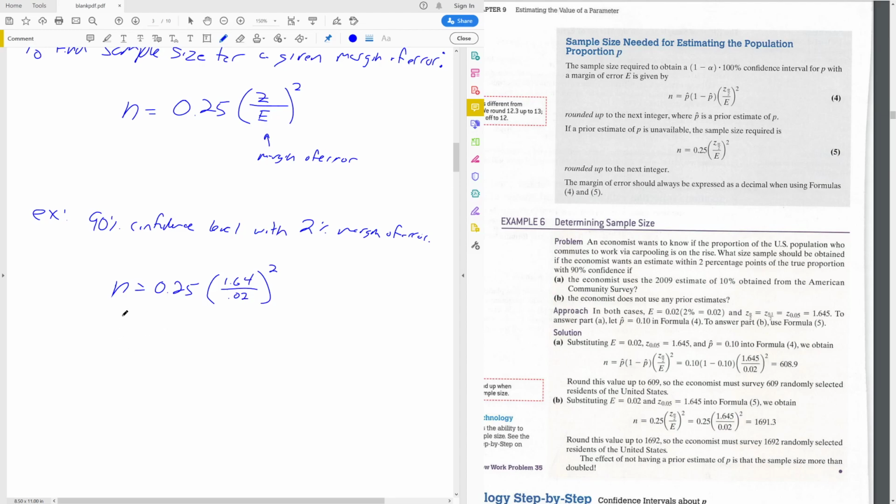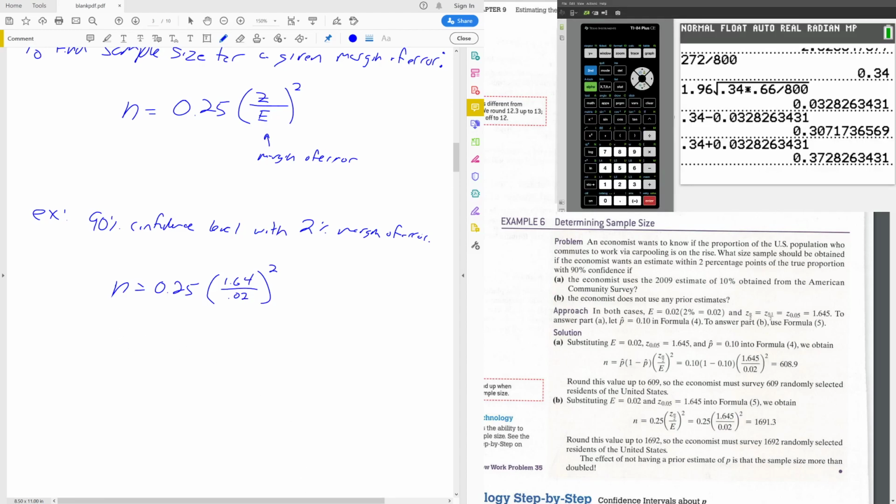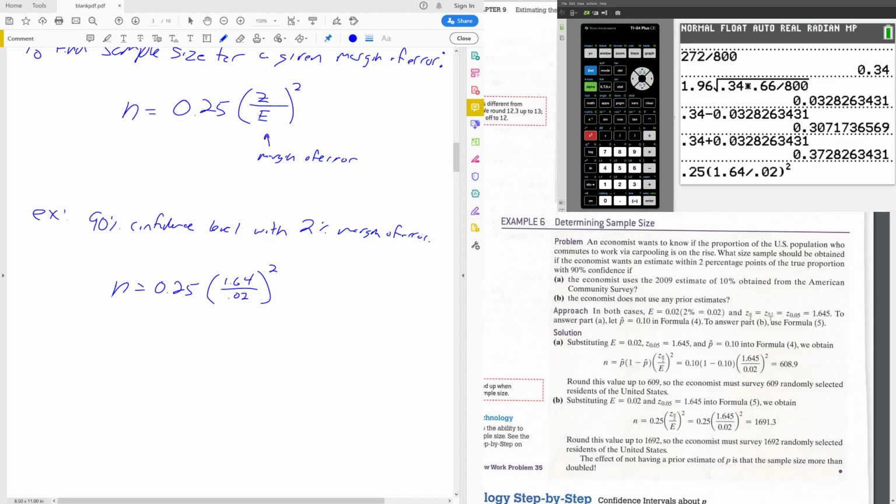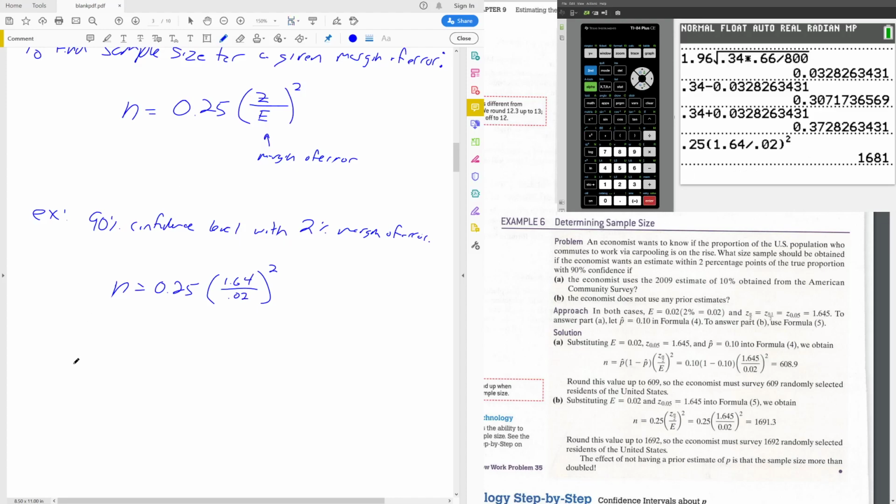And then I just type that into my calculator: 0.25 parentheses 1.64 divided by 0.02 squared. And that's going to give me a sample size of 1,681. And so I would need to sample at least 1,681 people to get a margin of error of 2% on a 90% confidence interval. Okay? And that is that.